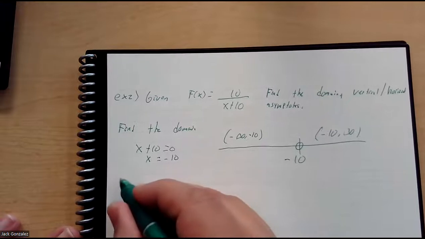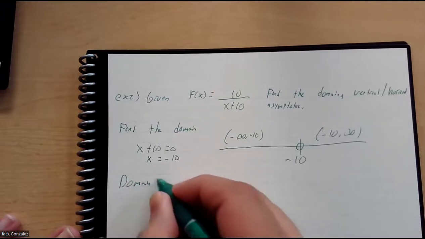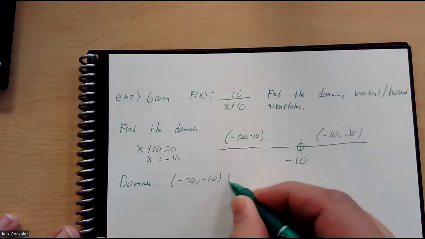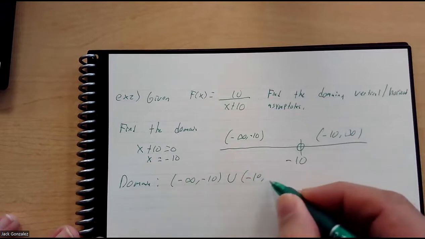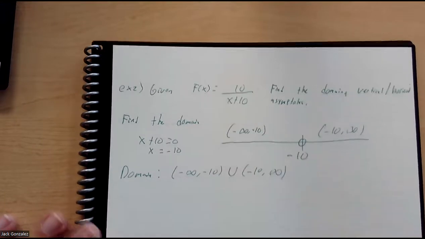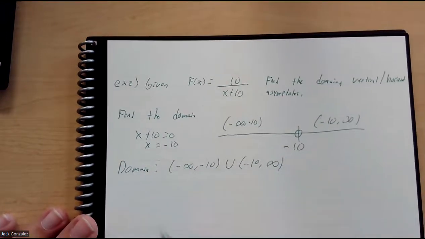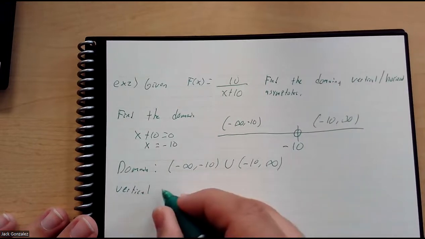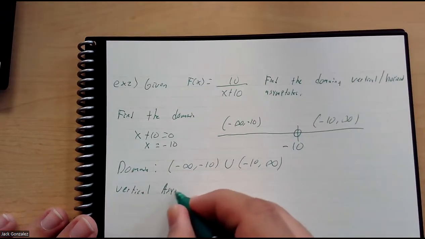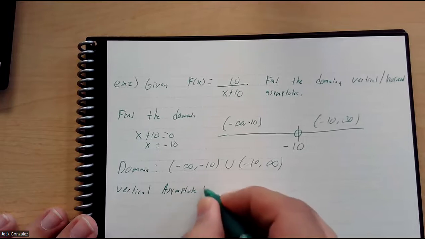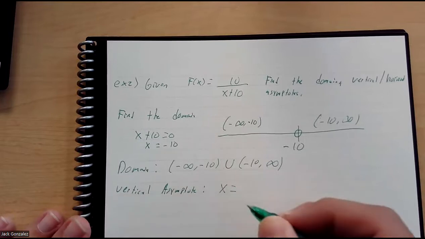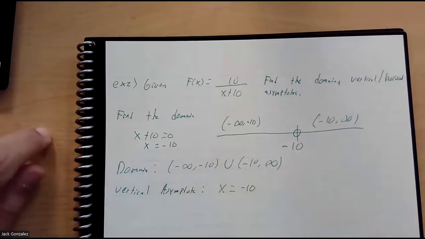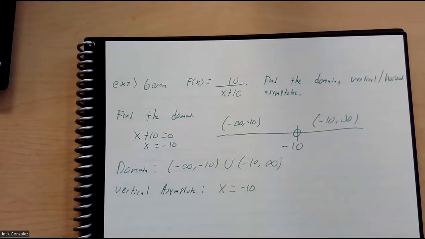So the domain is these two pieces. The vertical asymptote is the equation that causes that problem. So you always write x equal to some number, which is going to be negative 10. Don't just put negative 10.